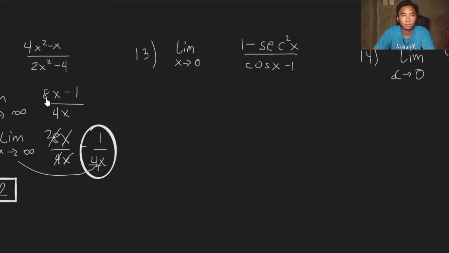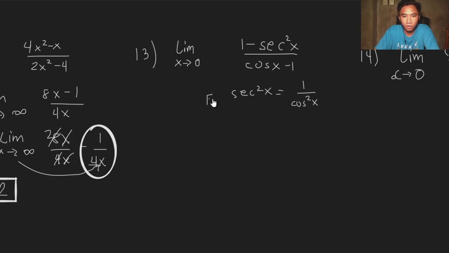Dito, naman, the limit of 1 minus secant squared x all over cosine x minus 1. So, we know that the secant squared x is equal to, ano na ba yung identities niya? 1 all over cosine x. So, squared siya. Squared din to. Ayan.